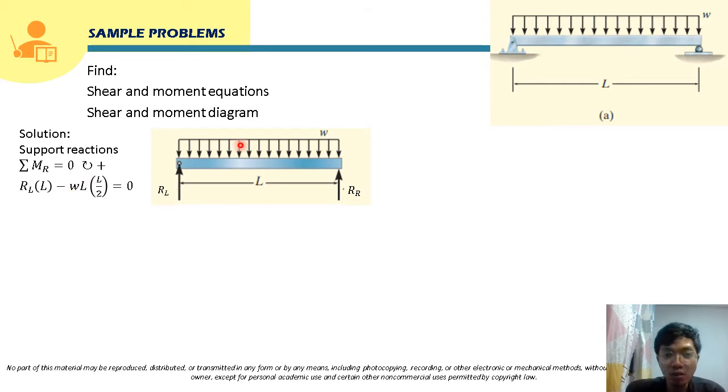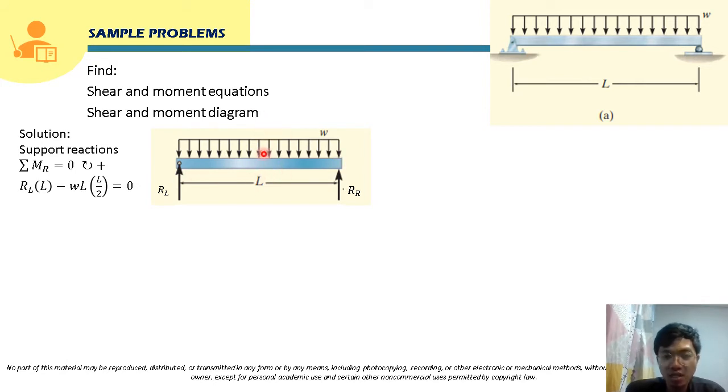This point load will be located here at the centroid, or center, of this loading. So this point load will be applied L over 2, either from the left or from the right.